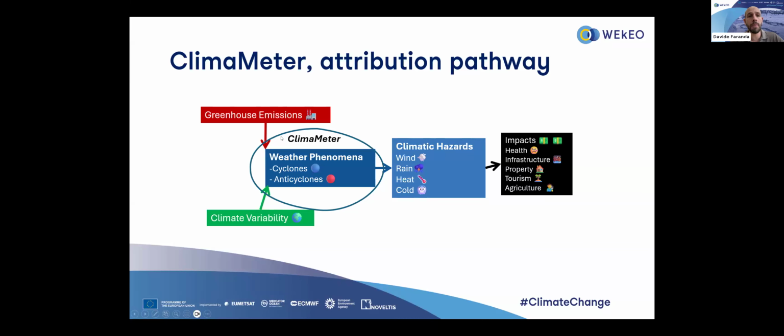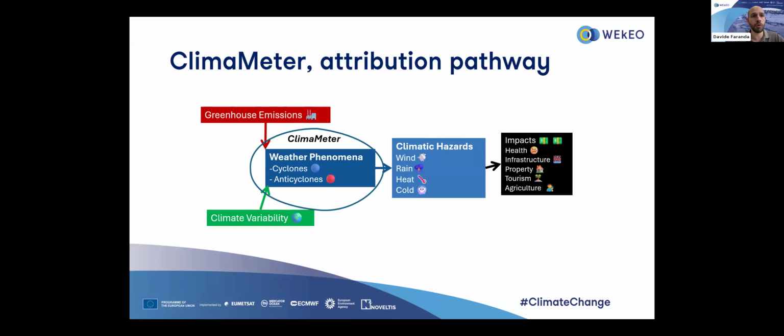And therefore, by looking at the level of the weather phenomena, we can at the same time attribute to greenhouse gas emissions or climate variability or an interplay of the two several hazards at the same time. So that's the goal of Climameter, and also why it is different from other attribution methodologies that instead are based on looking directly at the hazard.